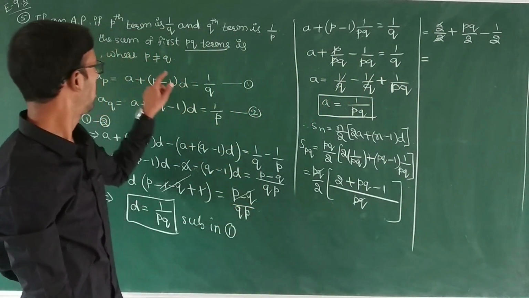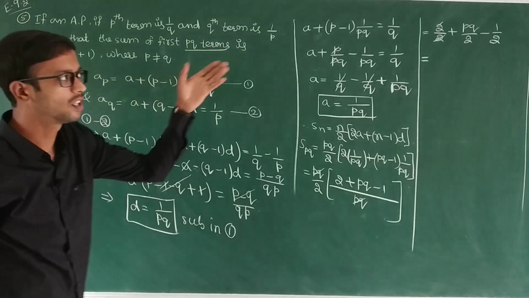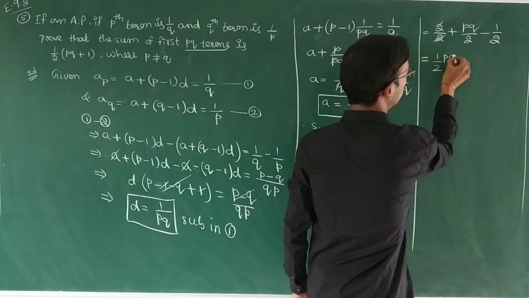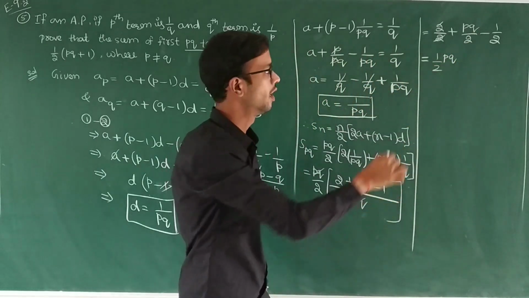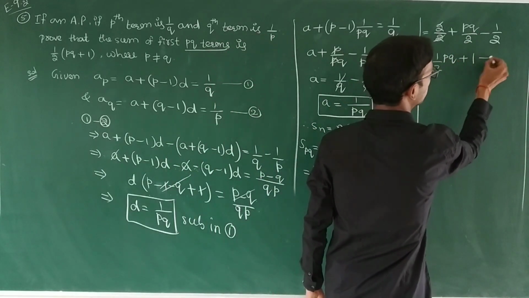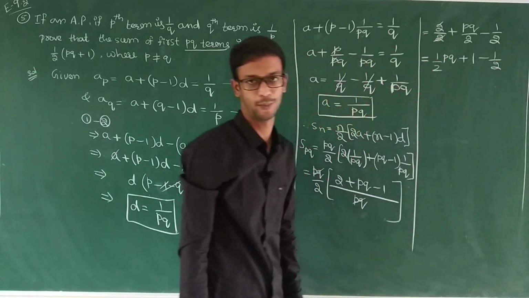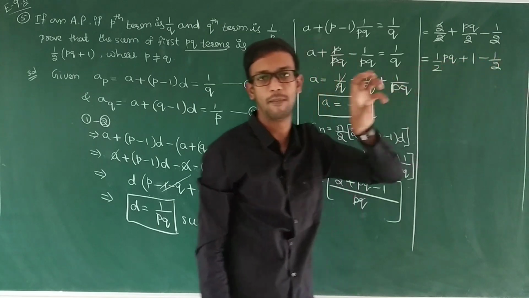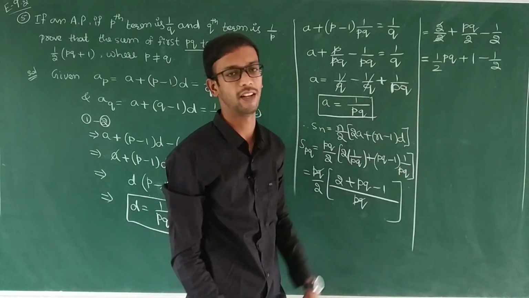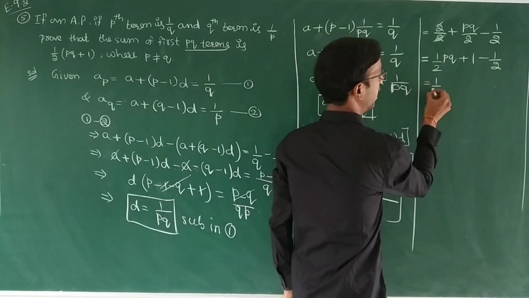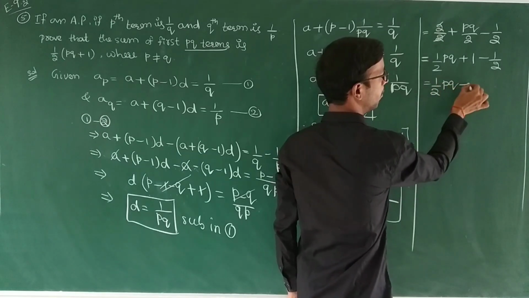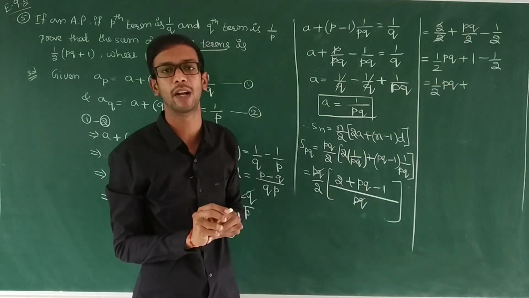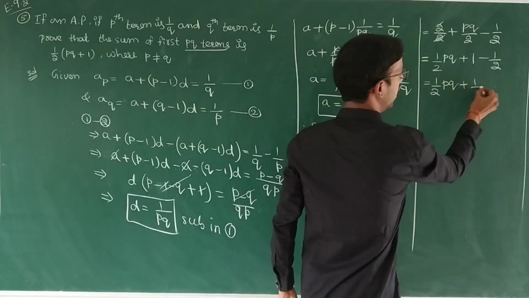So now what do we have to prove? This one we have to prove. So simplification you make here. 1 by 2 pq, this one I am writing first. Next, plus 1 minus 1 by 2. Here you will get 1 minus 1 by 2, which is again 1 by 2.